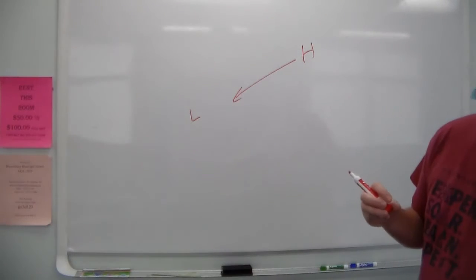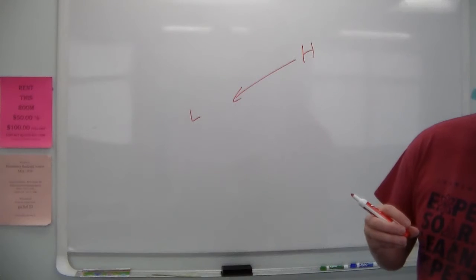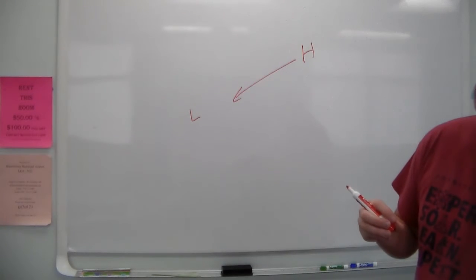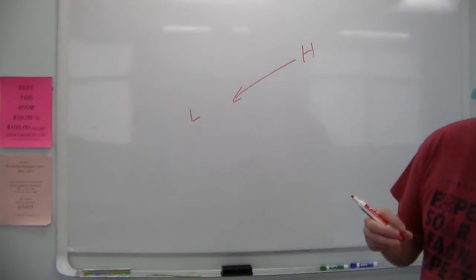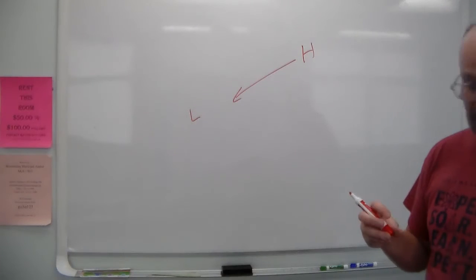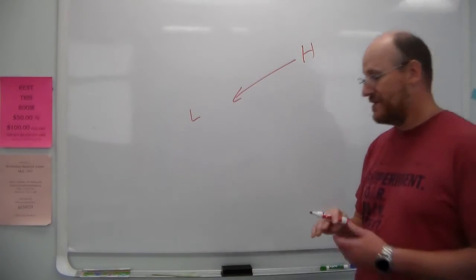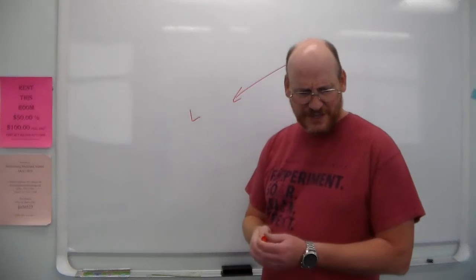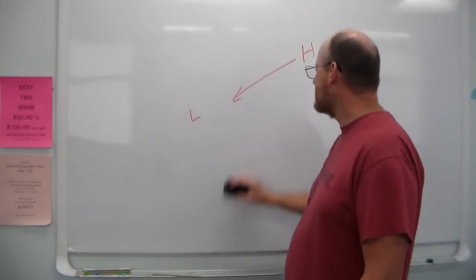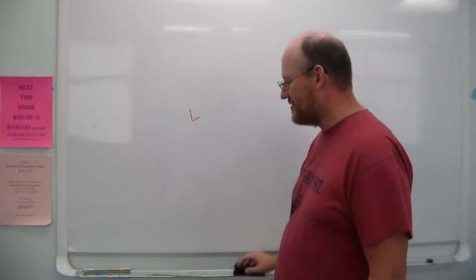You have the Coriolis force, which is something that Rod talks about pretty early on in this chapter, that causes the winds to swirl.